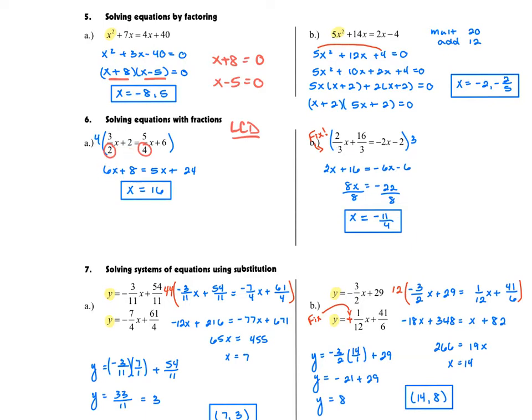This doesn't have anything to cancel, so I just have my 4 times 2 is my 8. And then I'm taking my 4 times this 5/4. Of course, 4 goes into 4 once, so these are going to cancel, and I'm left with just the 5x. Nothing here. 4 times 6 is 24, and then I can just solve my equation, and I get x equals 16. Much easier than trying to add and subtract fractions.